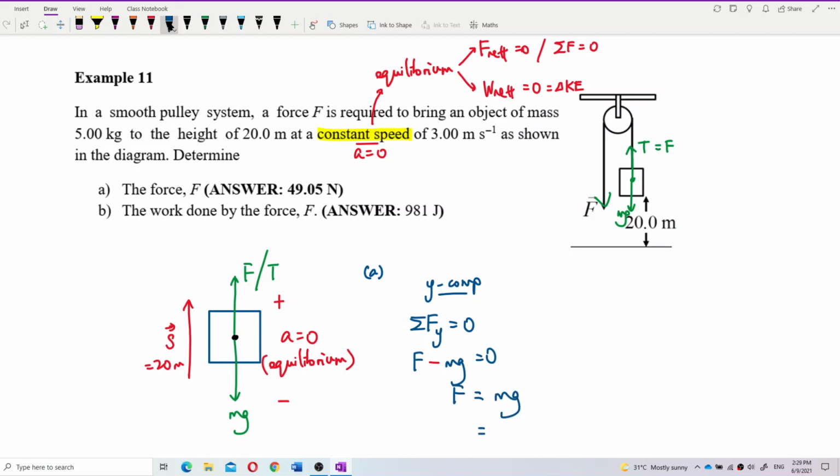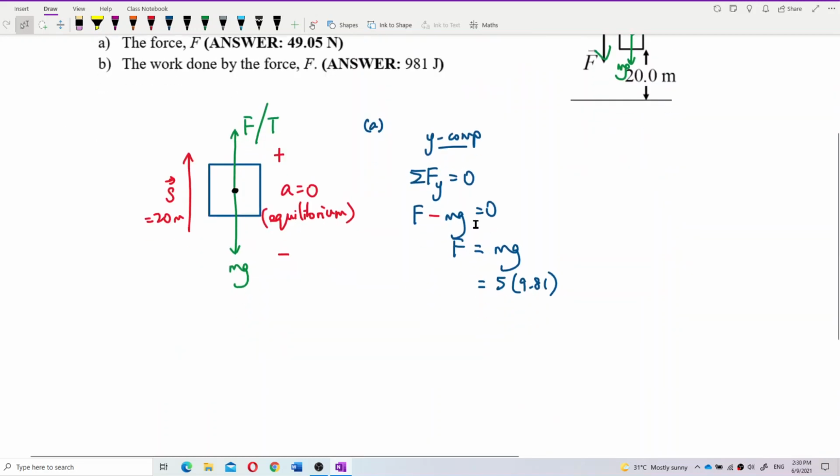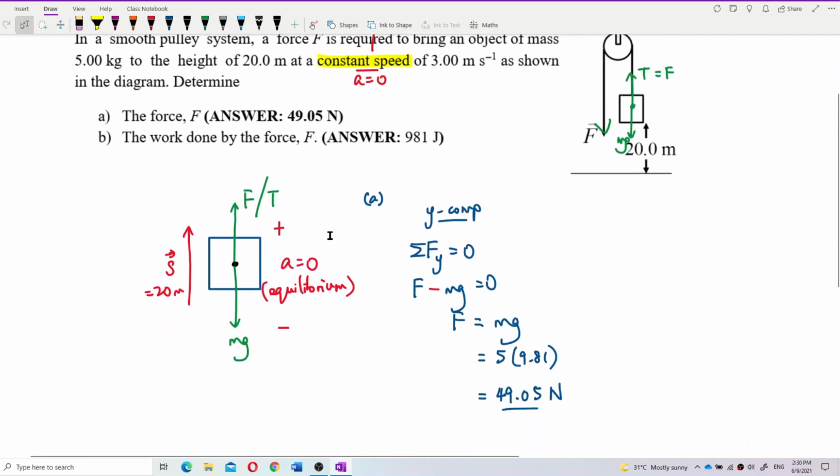Your mass is 5 kilogram, right? So 5 times 9.81. What's your answer for force F? Let's calculate. It is 49.05 Newton. I got the force already.